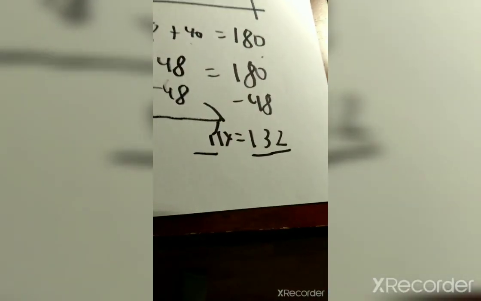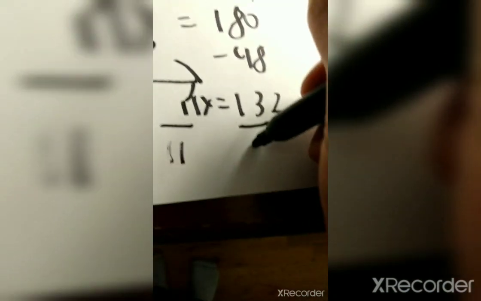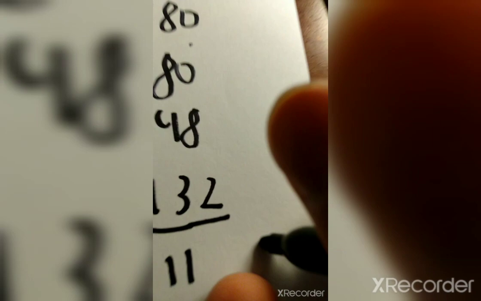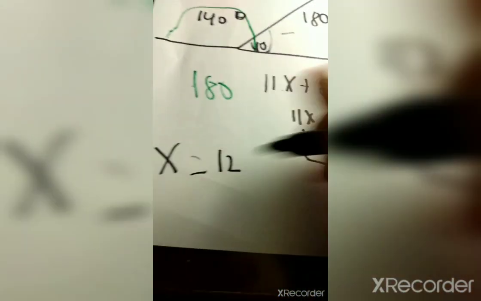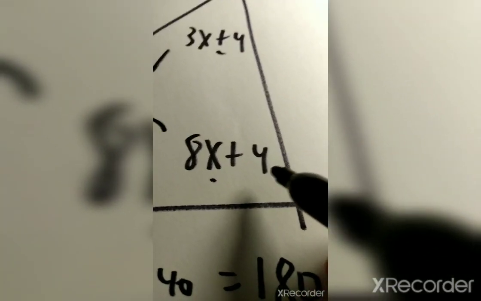We divide both sides by 11 to get x alone. 11 divided by 11 is x alone, so x equals 132 divided by 11, which is 12. So x equals 12.